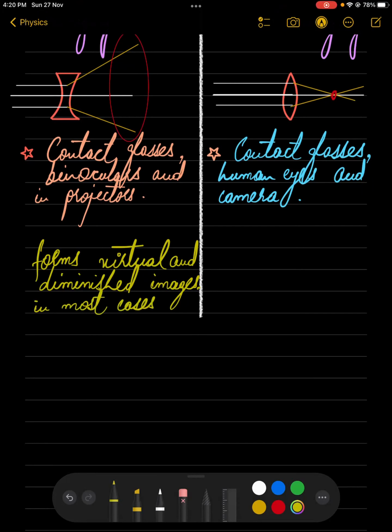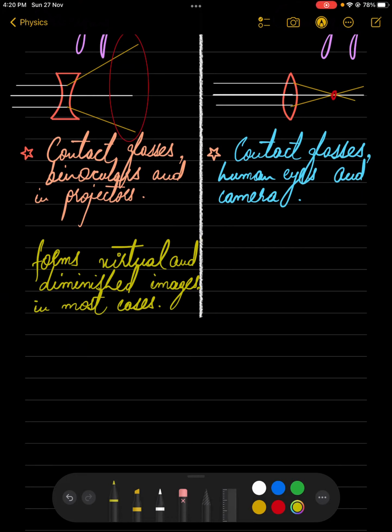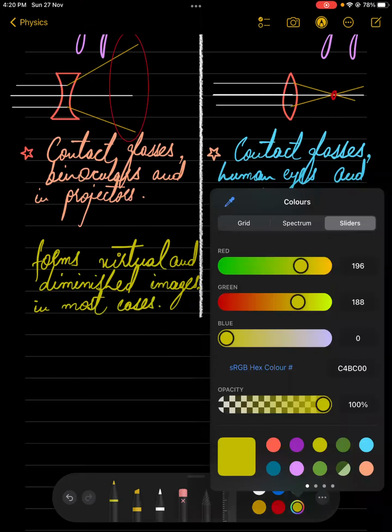So in most of the cases अगर आप एक diverging lens use कर रहे हैं तो आप ये खुद ही presume कर सकते हैं that you would be forming a virtual and a diminished image. अब ये virtual diminished का मतलब क्या है इसकी details में हम अभी नहीं जा रहे हैं. We'll go into the details of it afterwards.